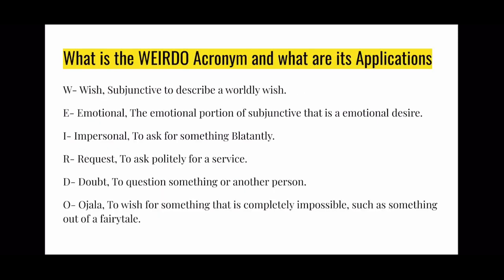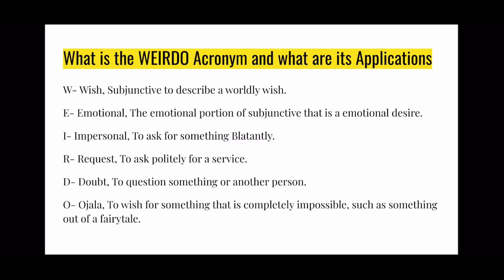And then what is the WEIRDO acronym, and what are its applications? In WEIRDO, the W stands for wish, and is a subjunctive to describe a worldly wish, so like it is feasible, it's possible. And then the E is emotional, which is an emotional desire.